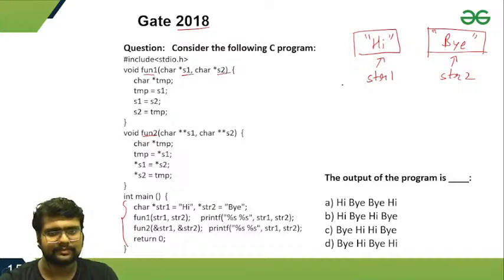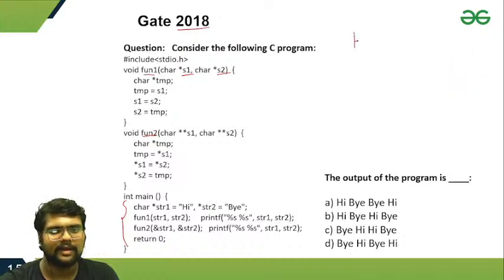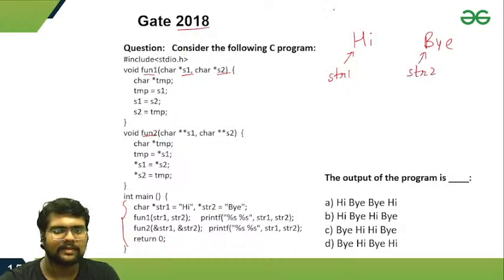Let me once again draw it. So we have hi, and it is pointed to by str1, and we have bye, which is pointed to by str2. Now s1 is pointing to this and s2 is pointing to this.